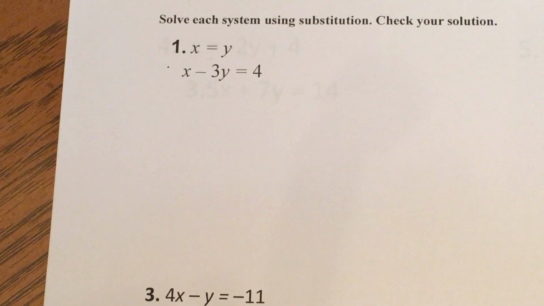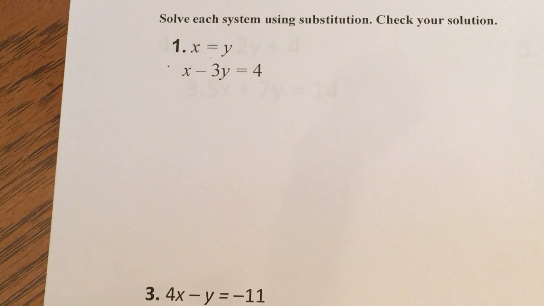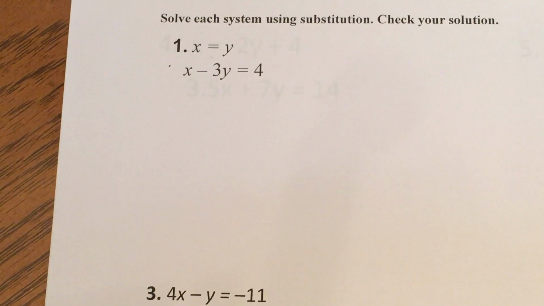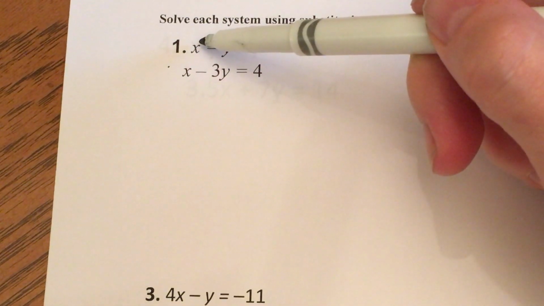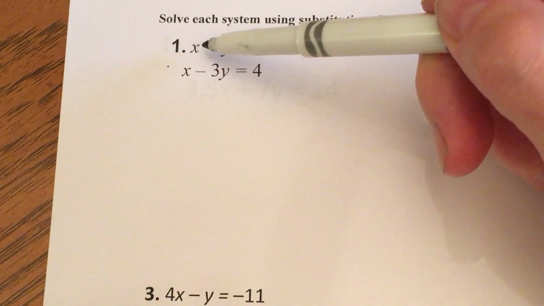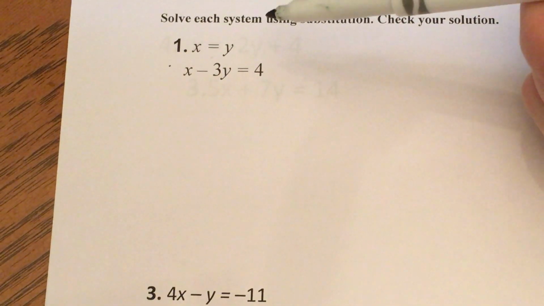All right, in exercise 1, step 1 says find the equation that is solved for a variable. Well, this first equation has x all alone on the left as we get started. That's great. So we found it.